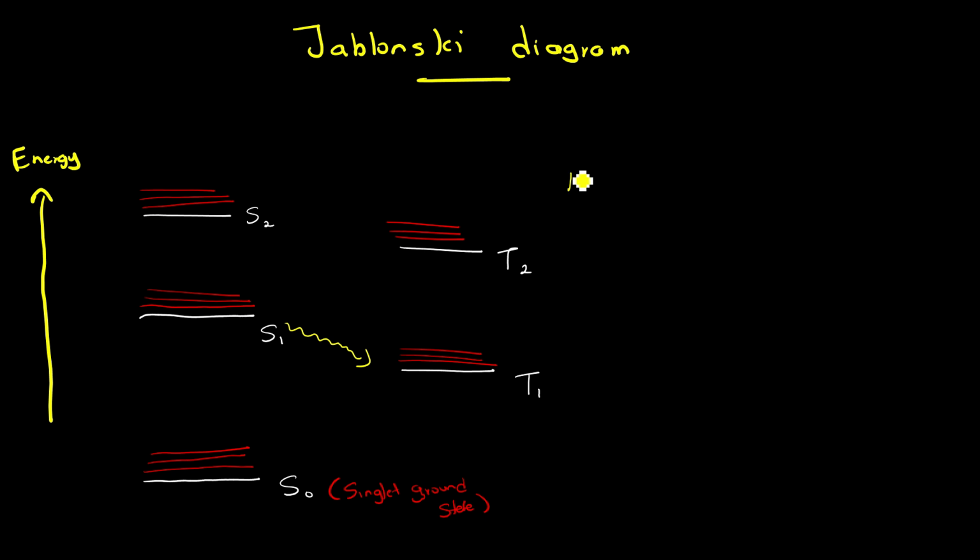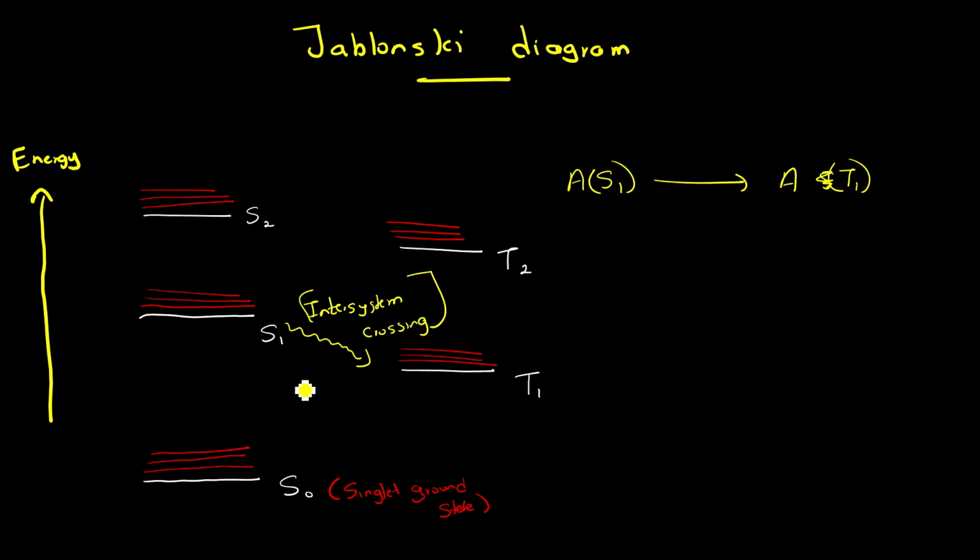So let's say you have a molecule in the excited state, it will go to the triplet excited state. We call this process intersystem crossing.